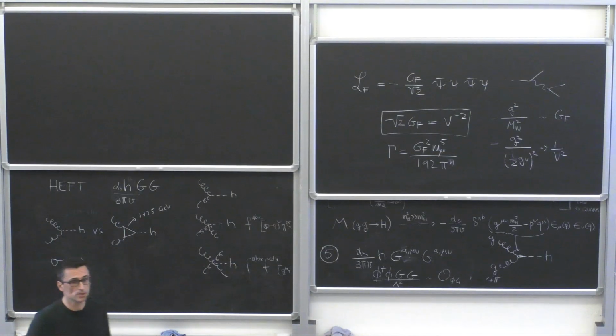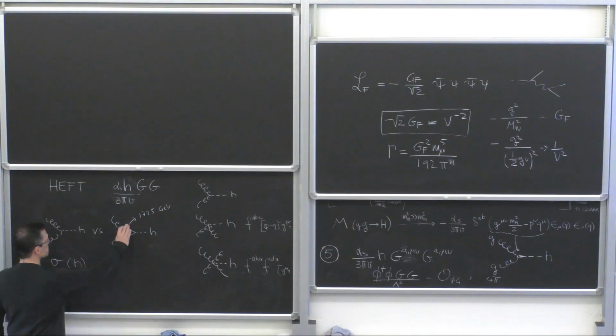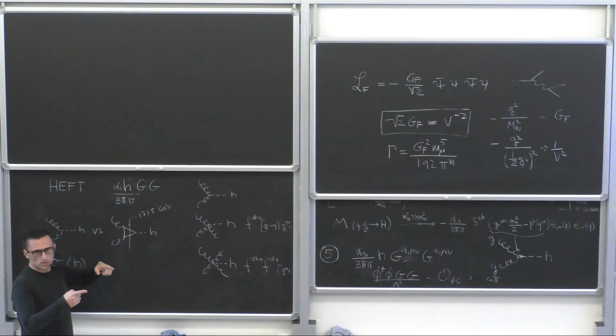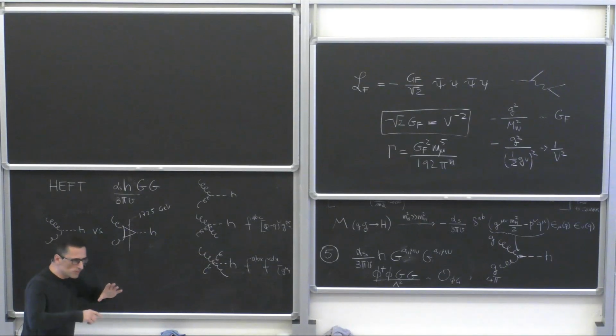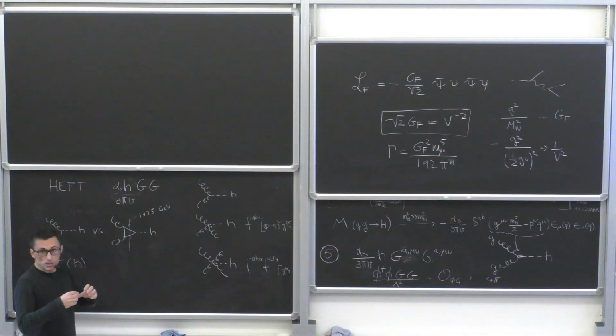It's a cut, right? What does it mean? It means that these two tops inside the loop can get on shell at that point. So instead of being like a true loop where everybody inside the loop is virtual, the cut means that this process becomes a rescattering, really.